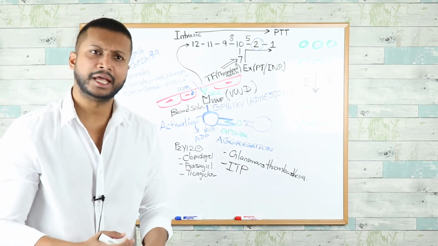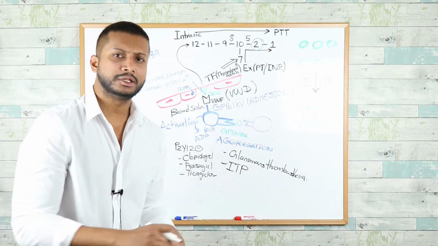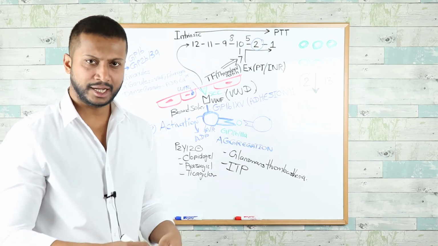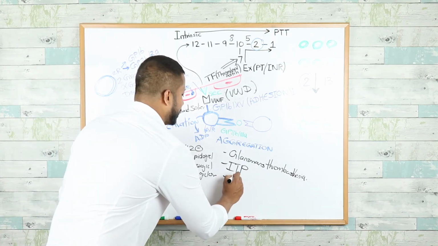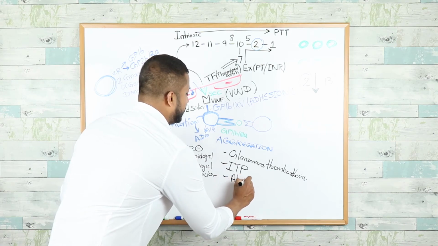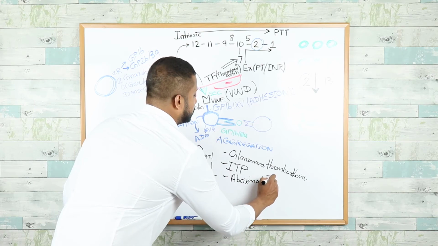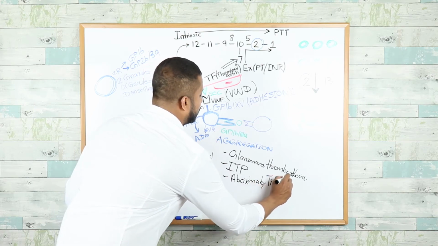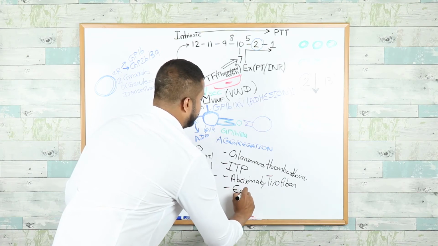Okay, what about medications? What if we came up with some medications to actually block this receptor? Yes, have we done that? Yes, we have. What are those medications? You have medications known as abciximab, tirofiban, and eptifibatide.